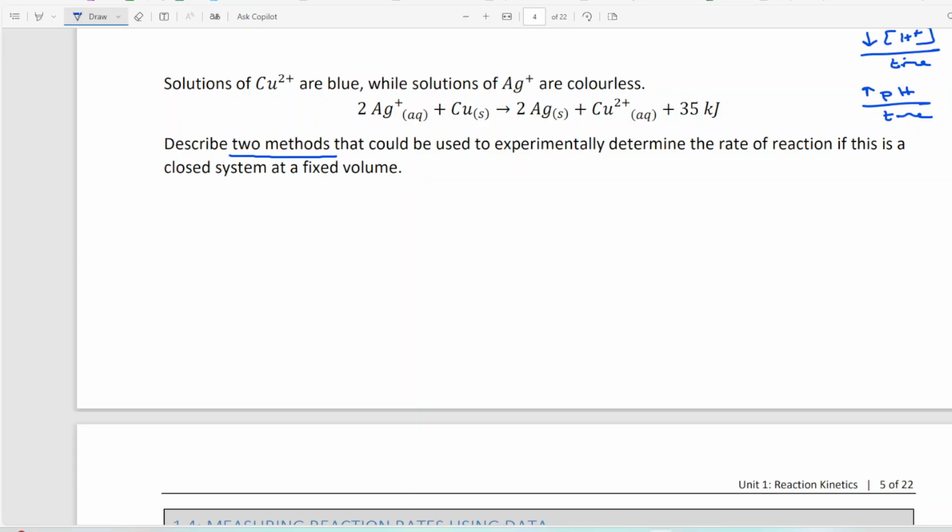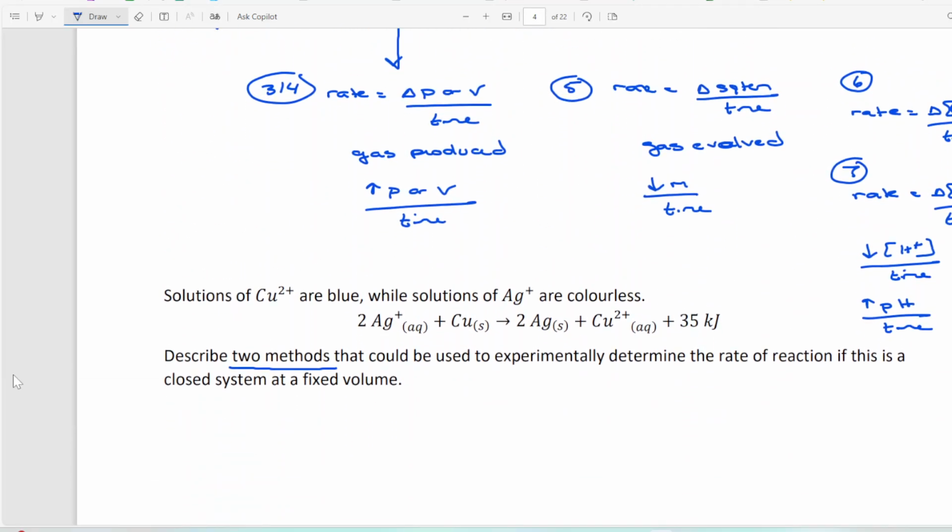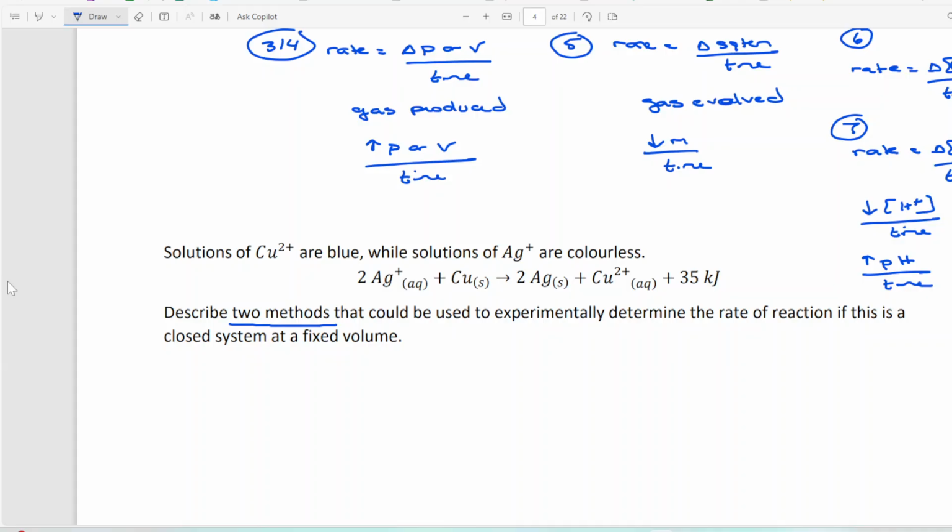All right. So I'm just going to cheat. Could we use color? Well, it says a solution of copper 2+ are blue, whereas a solution of silver are colorless. Could we? Well, we could potentially use color, right?